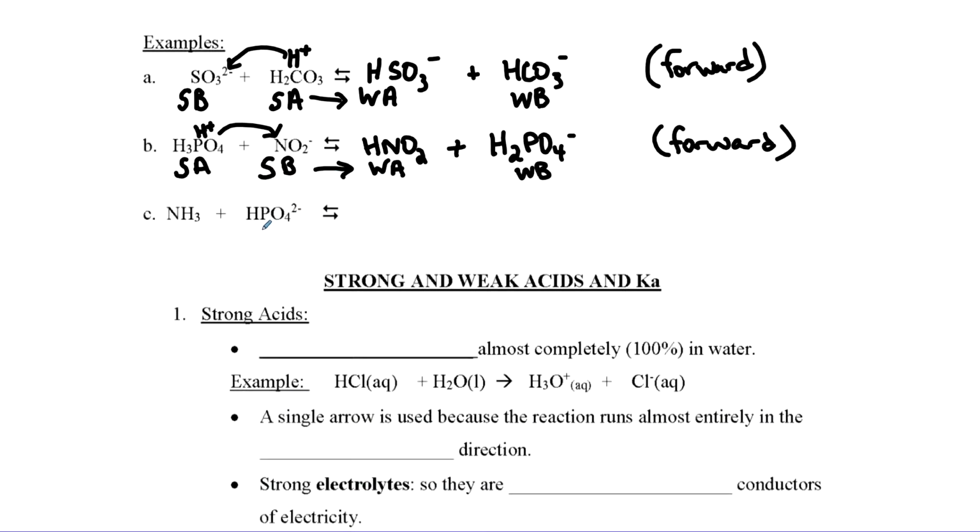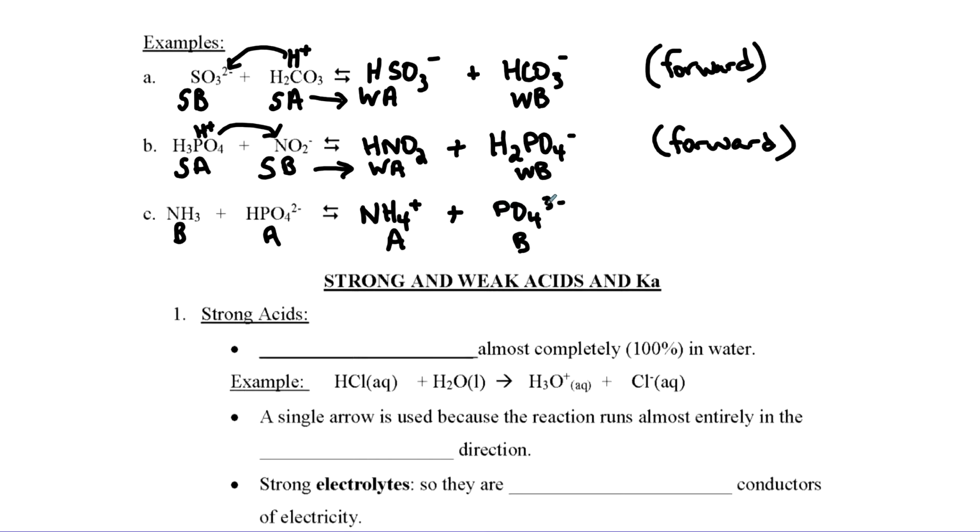All right, so acid, base, we get NH4 plus, and we get PO4 3 negative. So this would become our conjugate acid, this one our conjugate base. And now let's just check our bases.